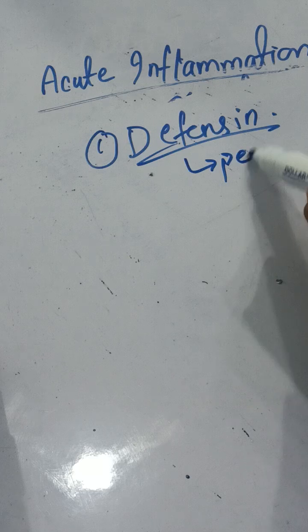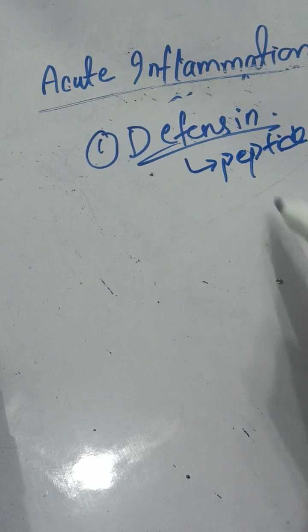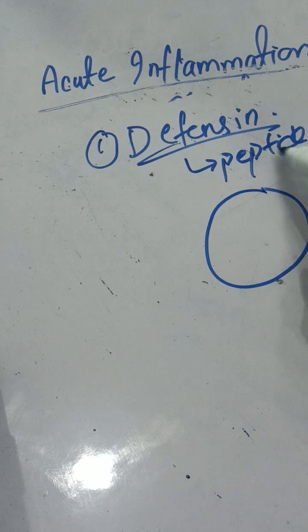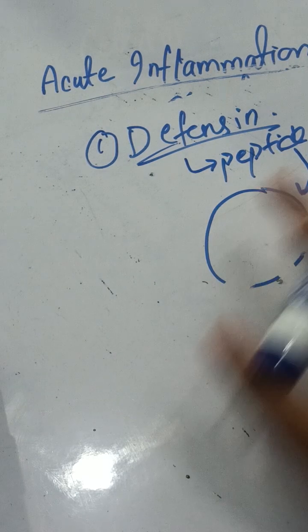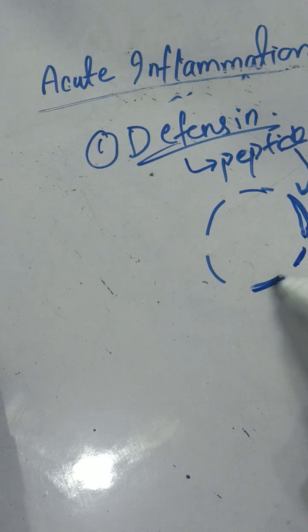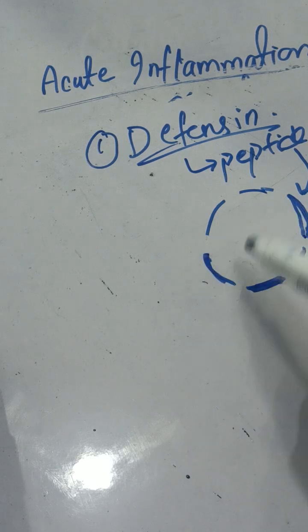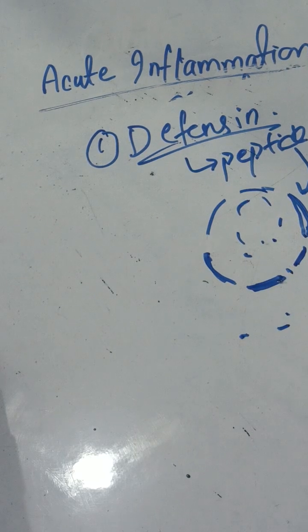Defensin is a peptide that creates holes in the microbial membrane. This peptide goes and makes holes, pores, in the membrane of this microbe. Can a microbe survive in this condition, with pores like this? No, because all the fluid inside the microbe moves out, and this is the death of that microbe. So defensin can kill the microbe.